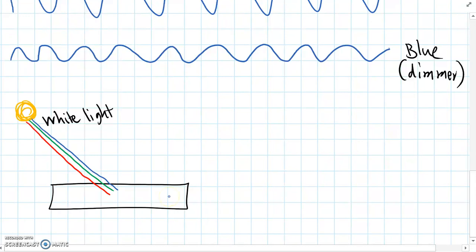And white objects, they reflect all colors of light. And they don't absorb any colors. So paper, all colors are reflected.